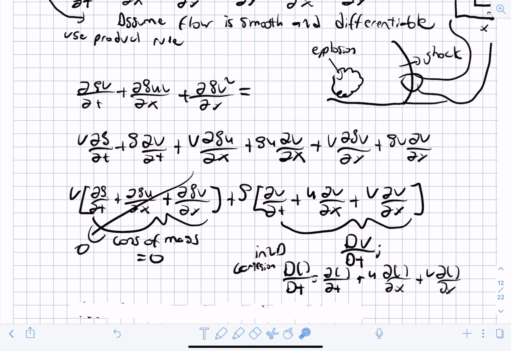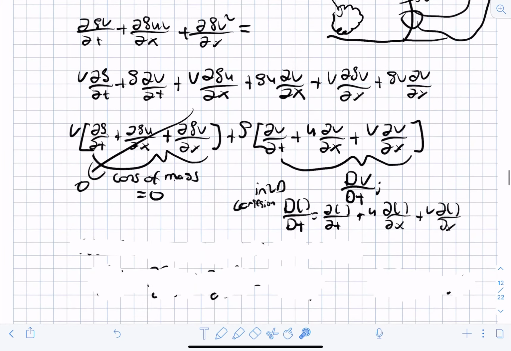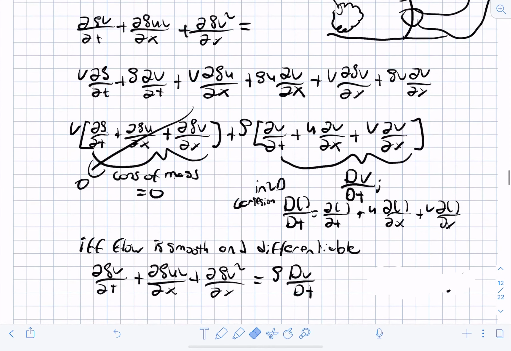So we can show that if and only if the flow is smooth and differentiable, then this term here turns into nothing more than rho times Dv Dt.